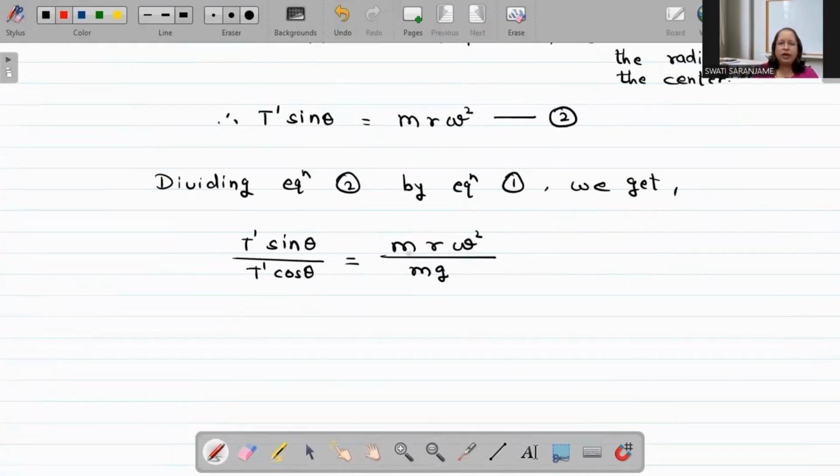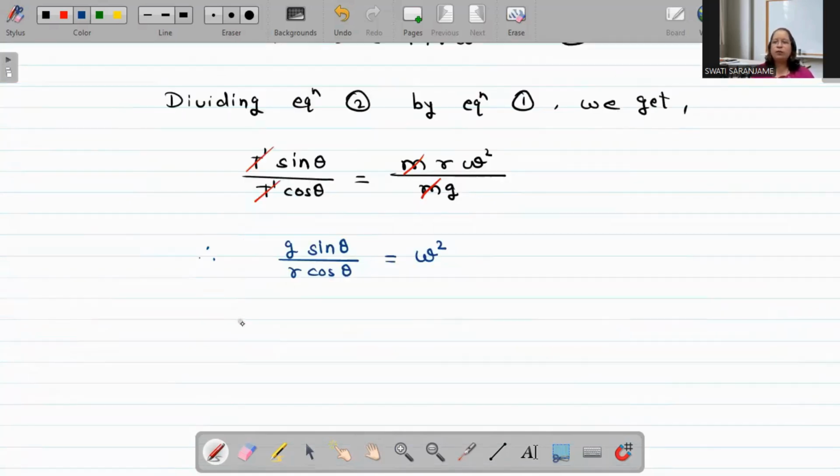Here m will get cut. T dash is the tension developed along the string, which is the same, so it also gets cut. Now, as we want the expression for periodic time, and periodic time is related to omega, we rearrange this equation for omega square. Therefore, g sine theta by r cos theta is omega square.